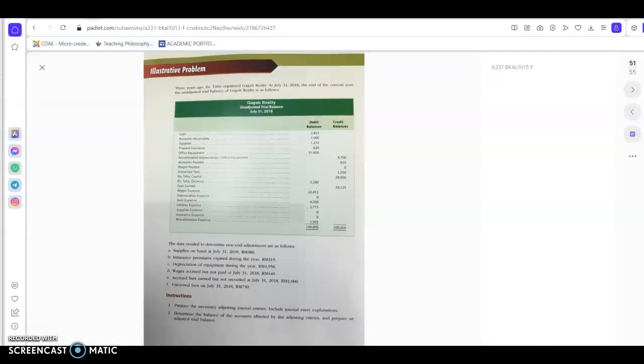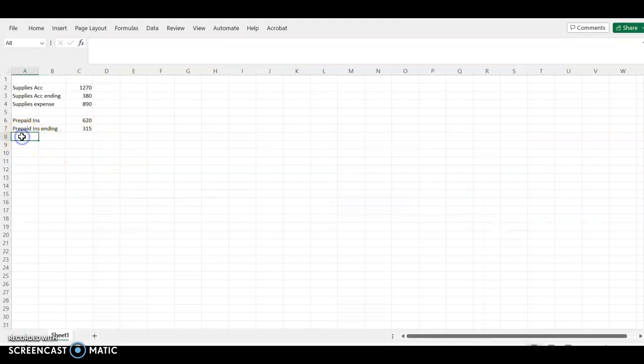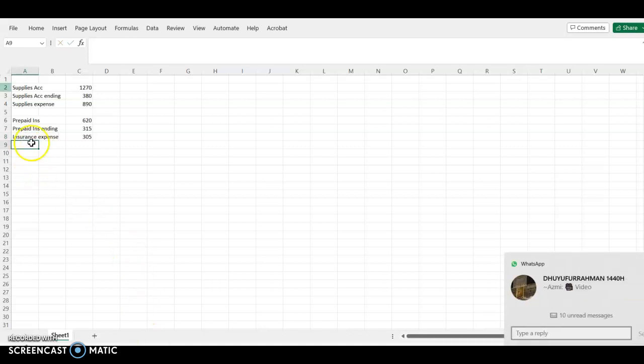Check 315. Correct. So the difference is 315. What is this figure? This is the insurance expense. Okay, so this is for B.